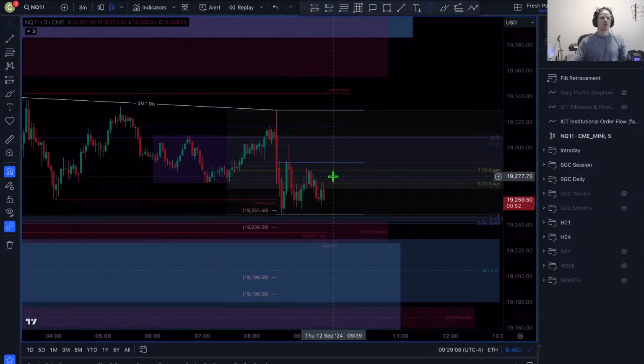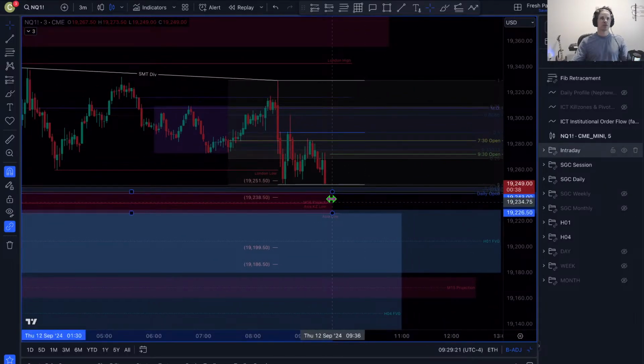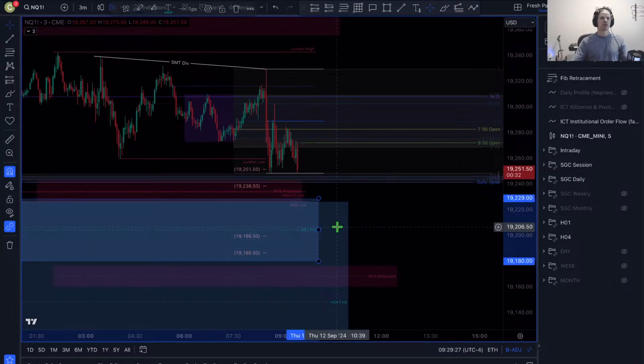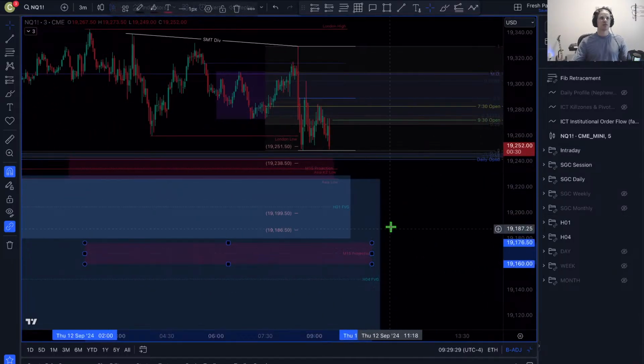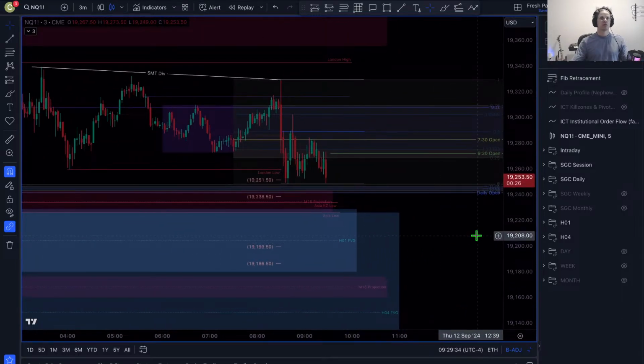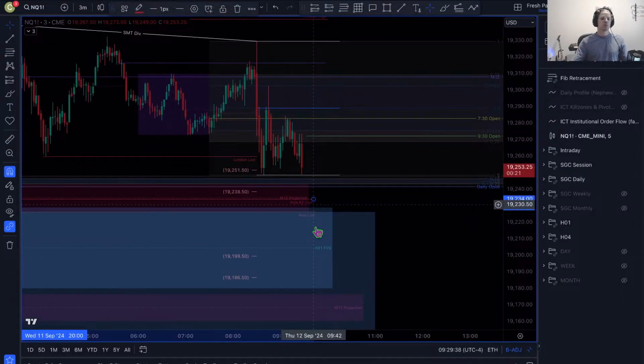So notice the 3 minute. We swept this liquidity, but not the best liquidity sweep. We don't have a jump start on the 3 minute either. But this is what I am not surprised to see here. So let's see what happens when we get down to these levels here, because these are the critical levels. That 15 minute could come all the way down into here based on the 3 minute. But sweep the open, sweep the lows.